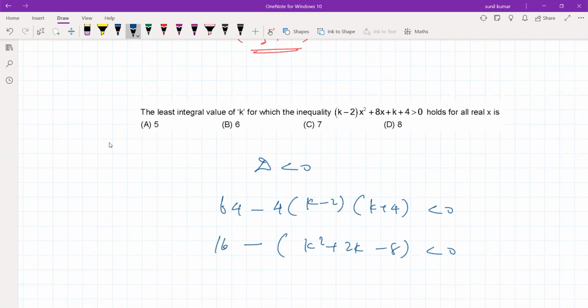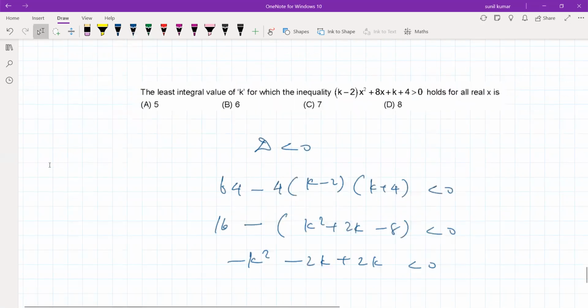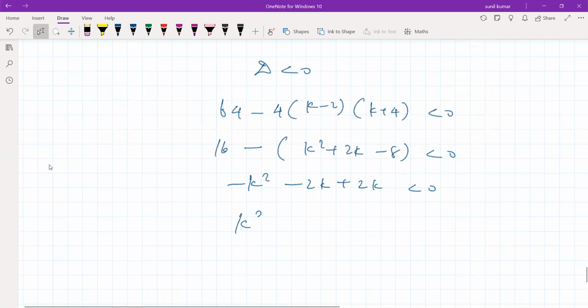Or this is minus k square minus 2k plus 24 is negative. If you multiply with minus 1, this is k square plus 2k minus 24 less than 0.